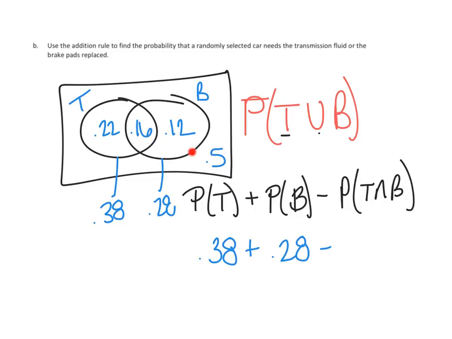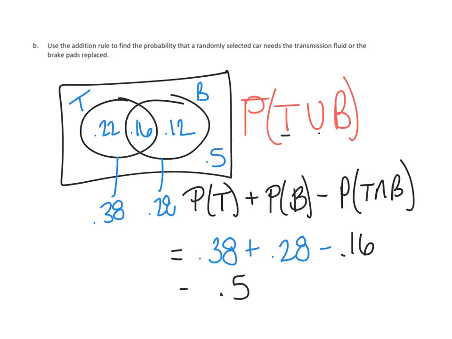By me saying 0.28, I'm again including 0.16 and 0.12. Do you see how I use 0.16 twice? So I have to take out the AND section, the part that's in T and in B, that 0.16. I now have to subtract that out. So I would say that is a total probability of 0.5.